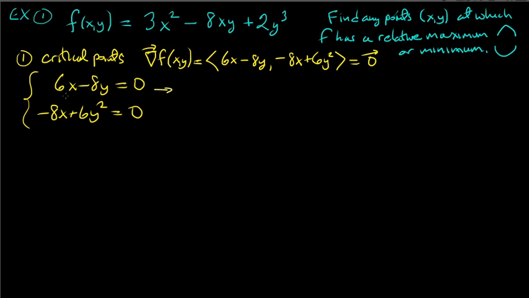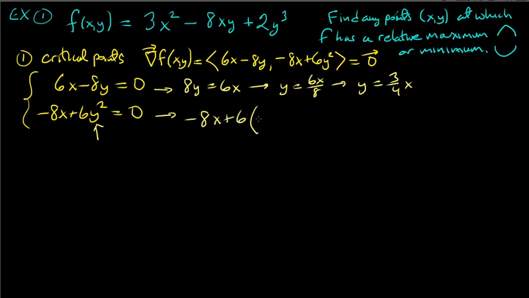So how about if I solve for x? Or let's solve for y. Right? So 8 times y is equal to 6 times x. And then y is going to be 6 over 8 times x, which is also 3 over 4 times x, right? And so I can plug that into this y here, and I get negative 8x plus 6 times, well, y is 3 over 4 times x, but don't forget you have to square that.